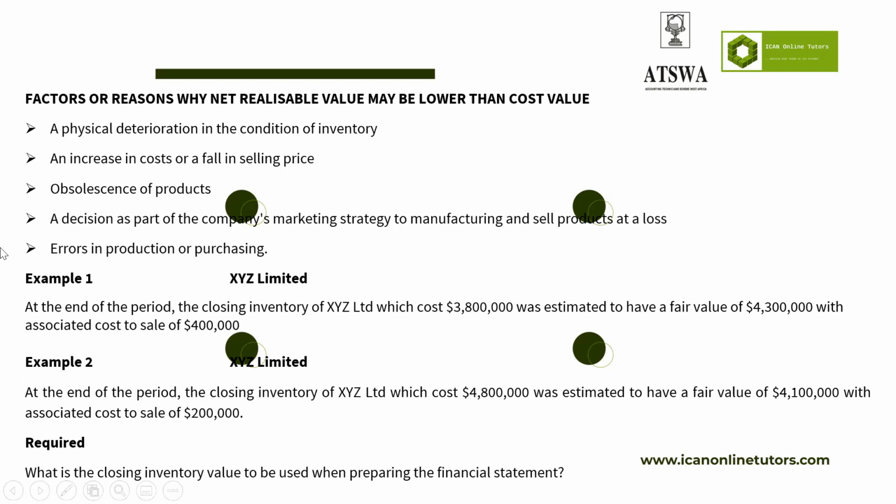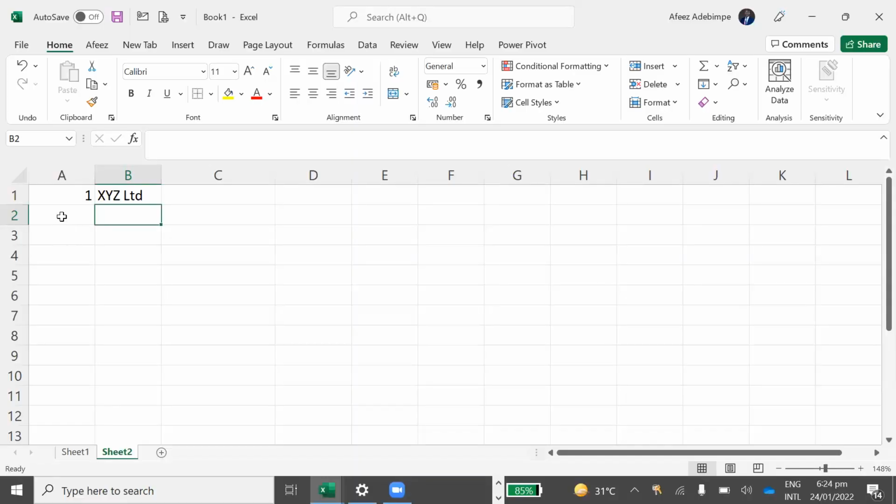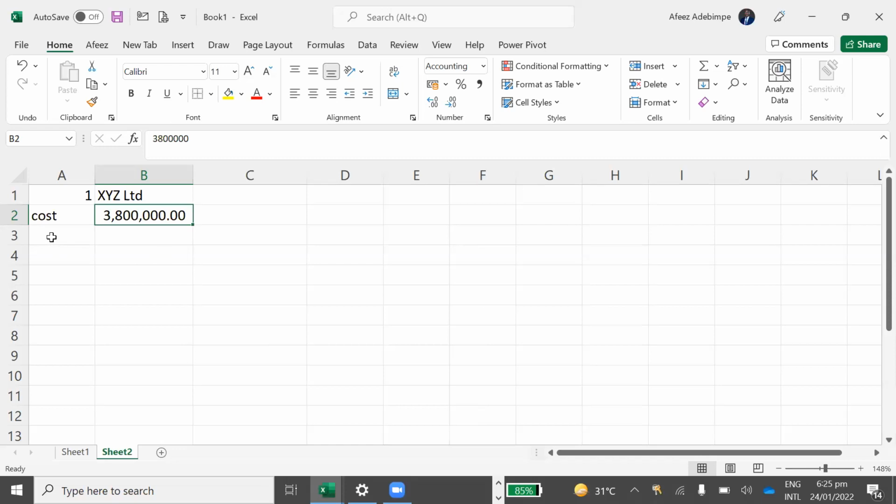For question 1, the cost is given as $3.8 million. Now, I need to calculate my NRV because NRV is not given.